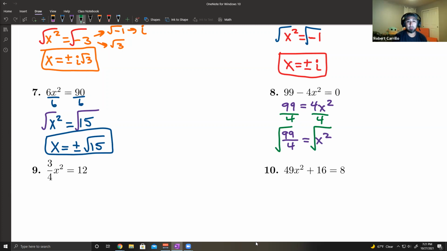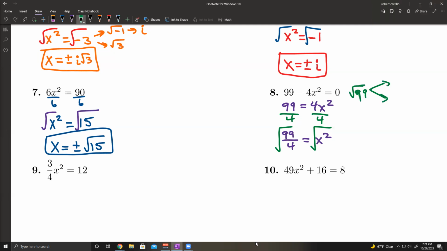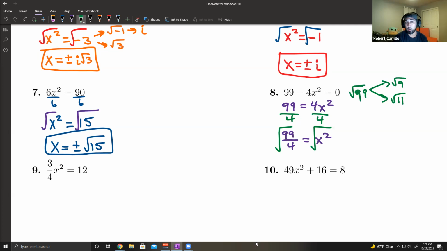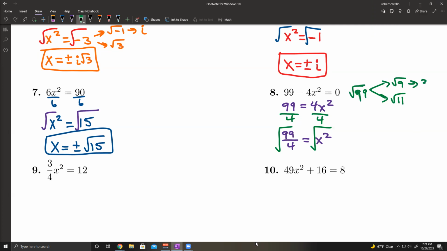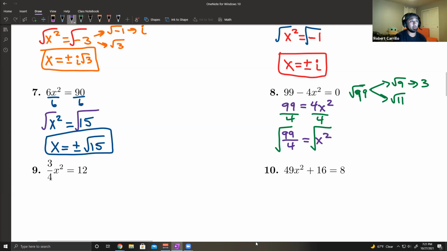And let's see what we're looking at. So here we're looking at the square root of 99. So give me 2 numbers that make 99. 9 and 11. And the square root of 9, 3. Can we break down the square root of 11? No. So here's what we're working with.